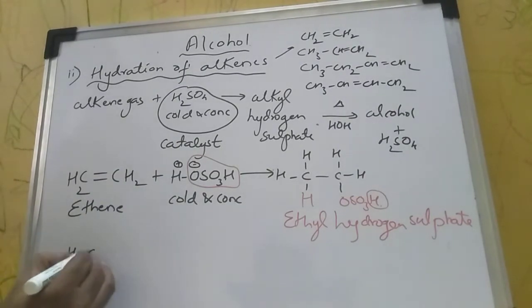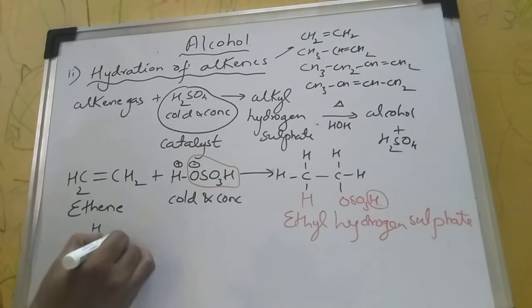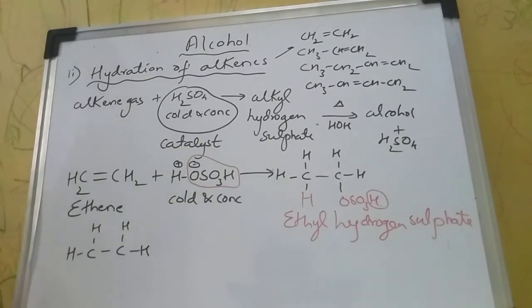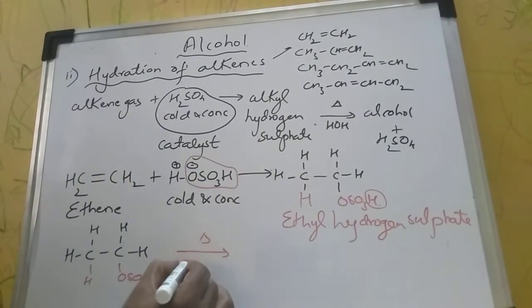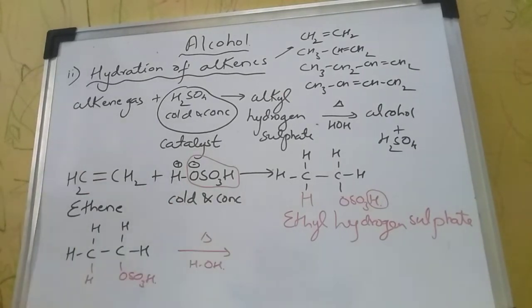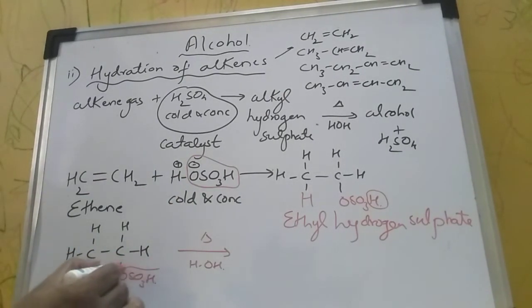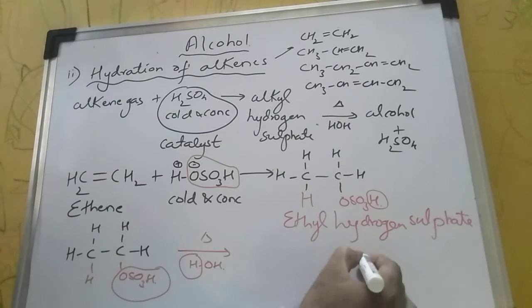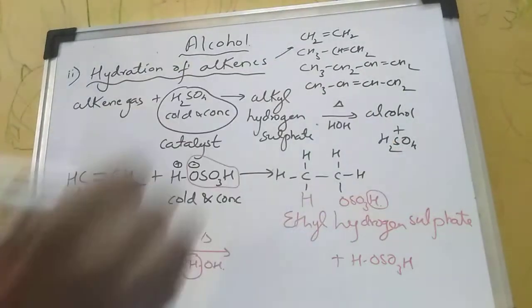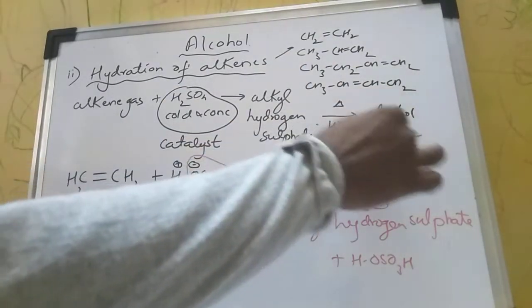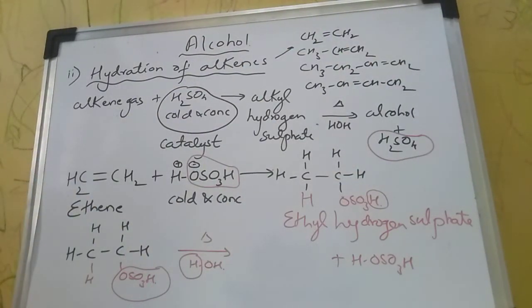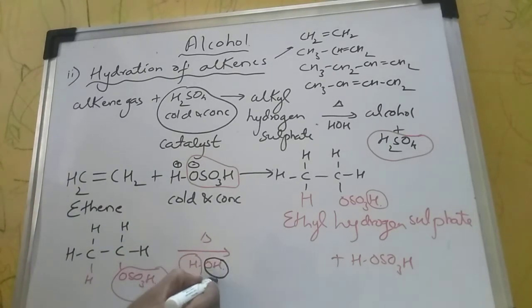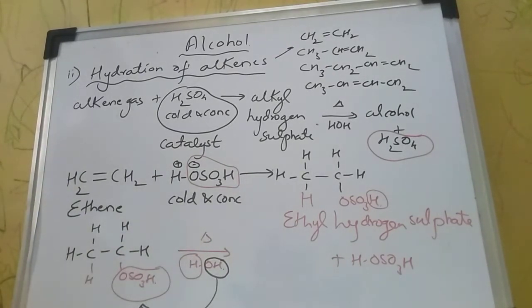Now the same alkyl hydrogen sulfate, on heating in presence of water, the OSO3H part goes out with H. It gives back the same sulfuric acid which was over here, and the remaining OH will go and attach to this position.